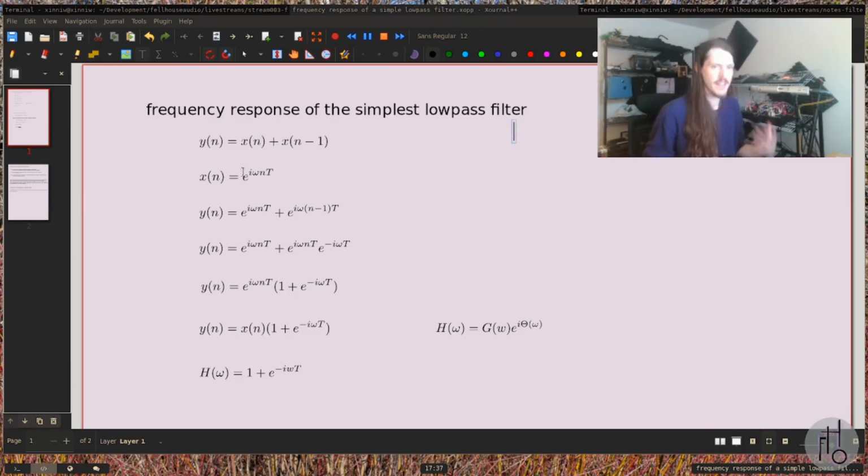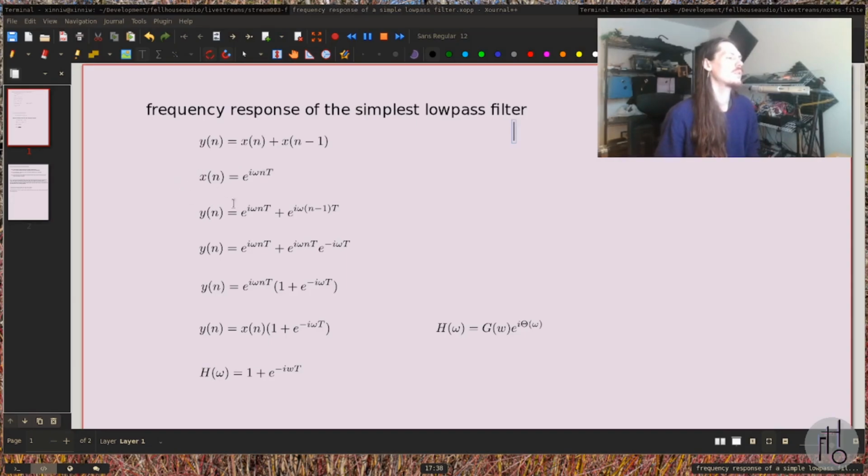So x of n represents the current sample, x of n minus 1 represents the previous sample. This is the filter that we built. In order to figure out what this thing does, one of the things we might want to do is find the filter's frequency response. There are a couple of different ways to do this. This is not the easiest or fastest way, but it's maybe the most intuitive.